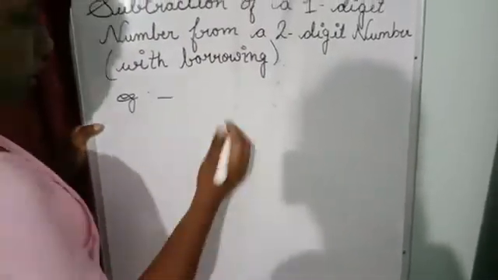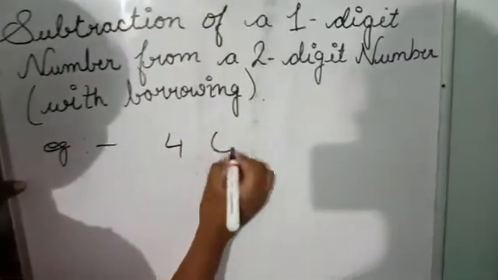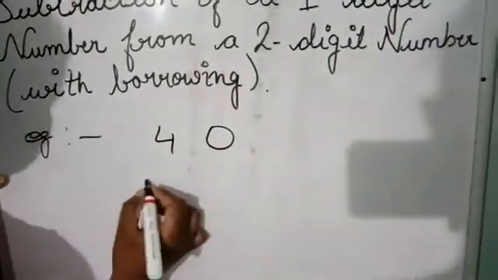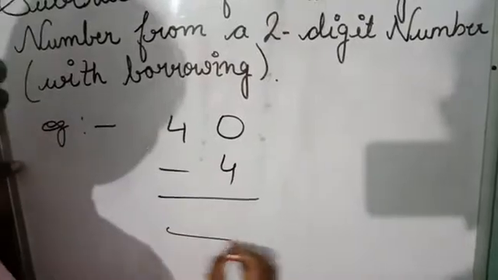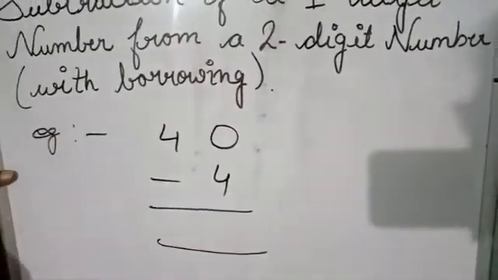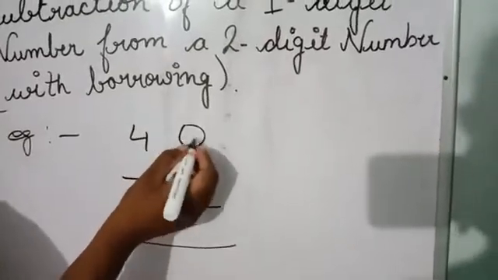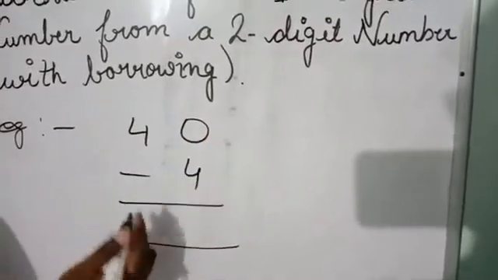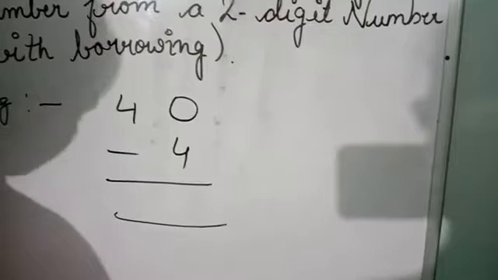Suppose you have 40 and in this you have to minus 4. So how will you subtract? Because see, here is 0. So what we have to do?